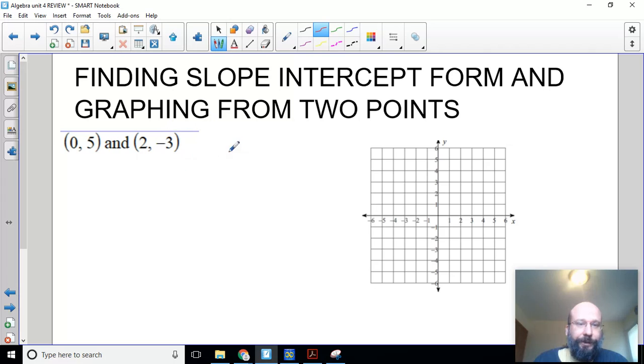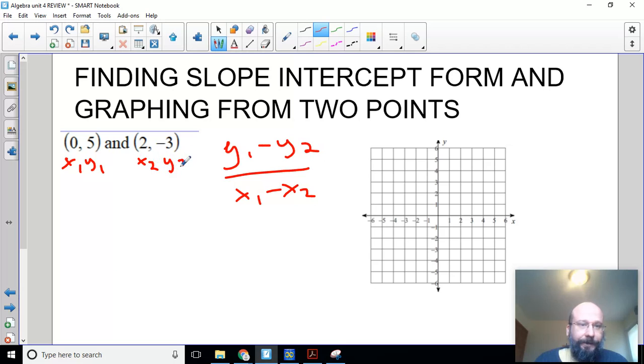So slope from 2 points, y1 minus y2 over top of x1 minus x2. And one of these points is going to be 0, 5. One of these is going to be 2, negative 3. So one of them is going to be x1 and y1, and the other one's x2 and y2. And then you just plug them into the formula. It's the difference of y's over top of the difference of x's.